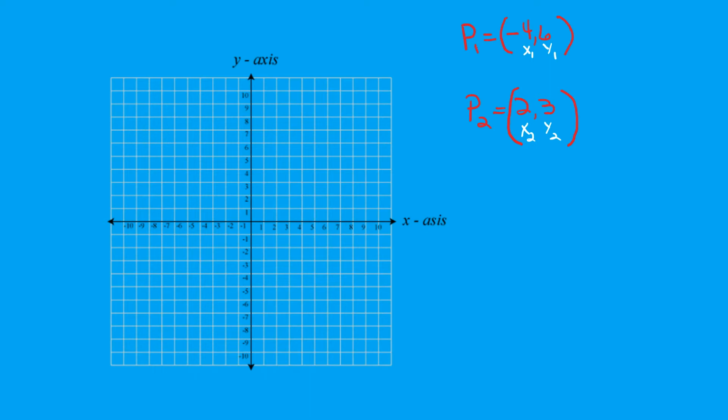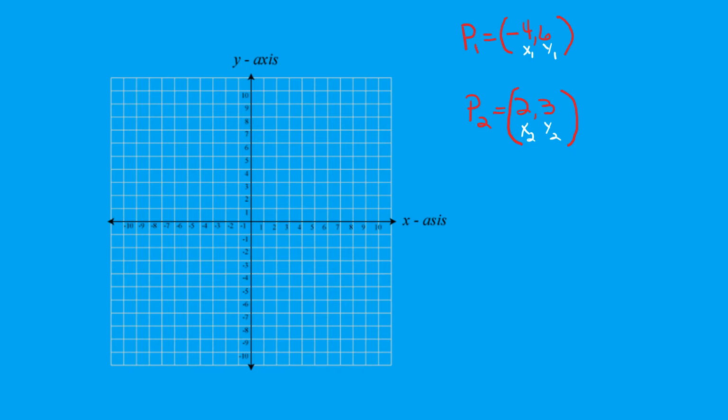And we initialize these coordinates as x1 is equal to -4 and y1 is equal to 6. The same thing for point 2 or P2. P2 is equal to 2 and 3. We initialized these coordinates as x2 is equal to 2 and y2 is equal to 3.